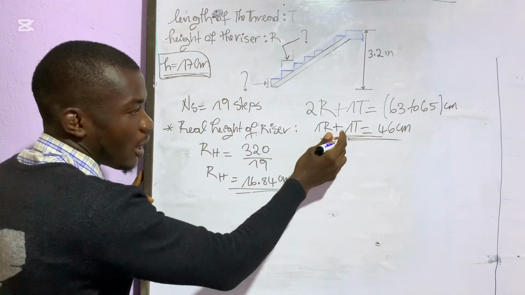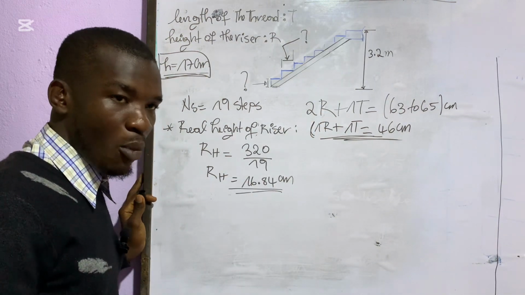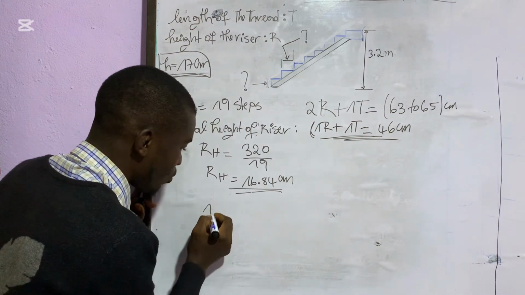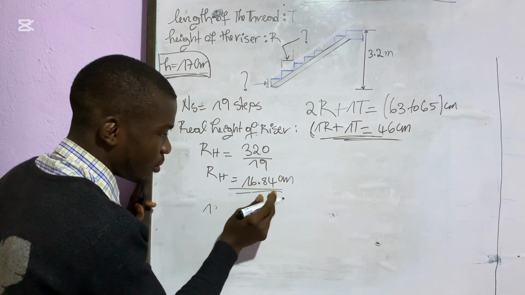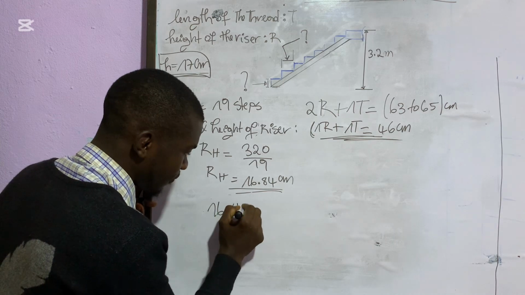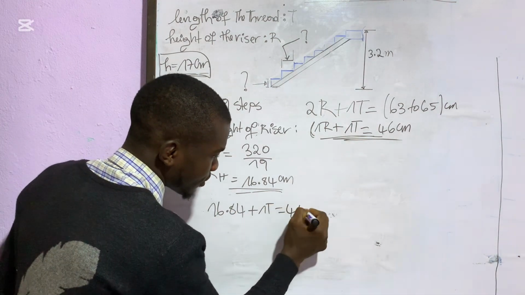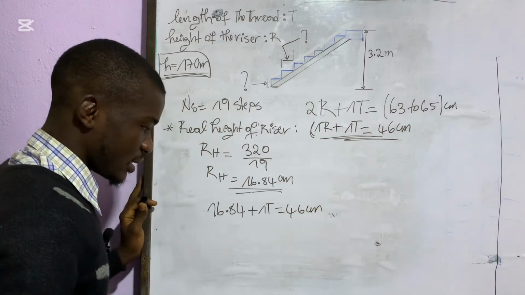So I will decide to use the second formula of Blondel for more comfort. I will write, so one riser, I already found my riser, which is 16.884, plus one tray is equal to what? To 46 centimeter.